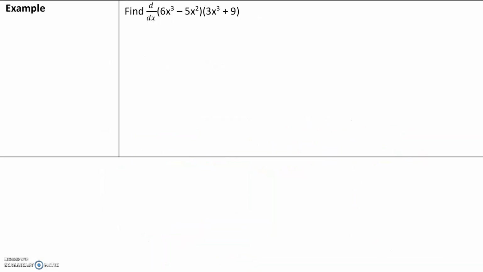Let's take another example. We want to find d dx, or the derivative of 6x cubed minus 5x squared times 3x cubed plus 9. This one, let's save for class. But what I want you to do is think about this being a of x and this being b of x. So find some way to organize this. I'm going to organize it as follows.